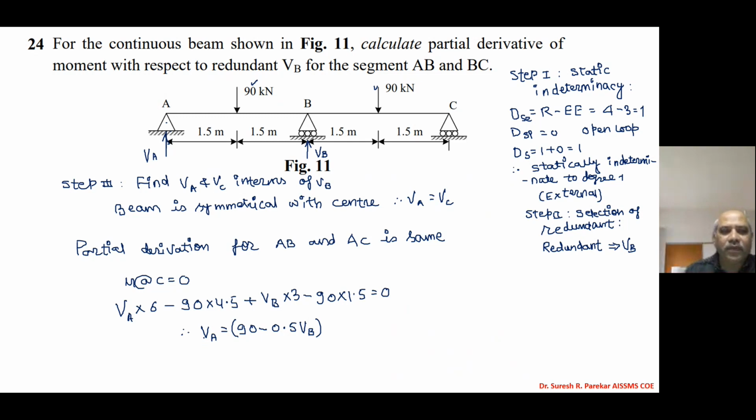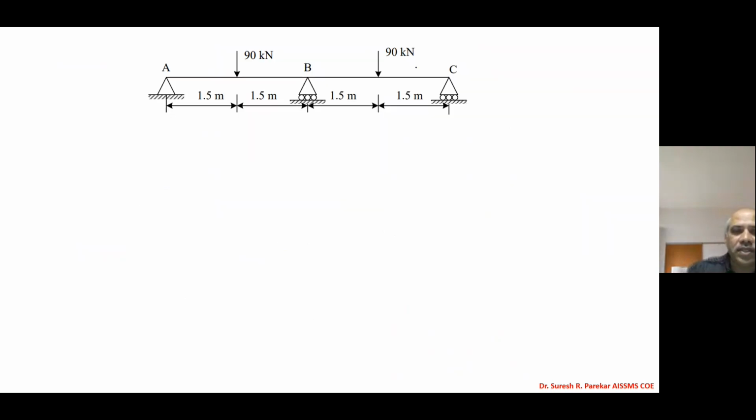Now knowing the value of VA, we can prepare the table and then find the partial derivative. So I will prepare the table.